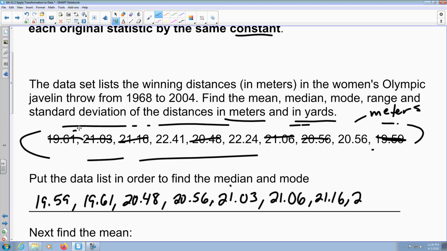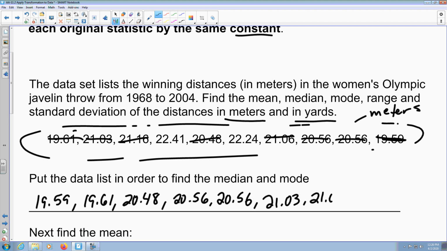Oh, I see. There's two 20.56, isn't there? Yep, that's where I got messed up. All right. Sorry about that. It does happen to the best of us, doesn't it?